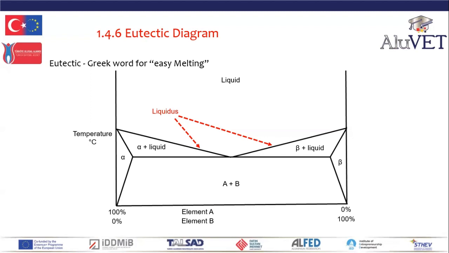The freezing finish temperatures we call solidus, and below these temperatures, the alloys are all solid. Now, I need to introduce a concept. If you look on the extreme left-hand side and the extreme right-hand side, you see that there is a triangle.